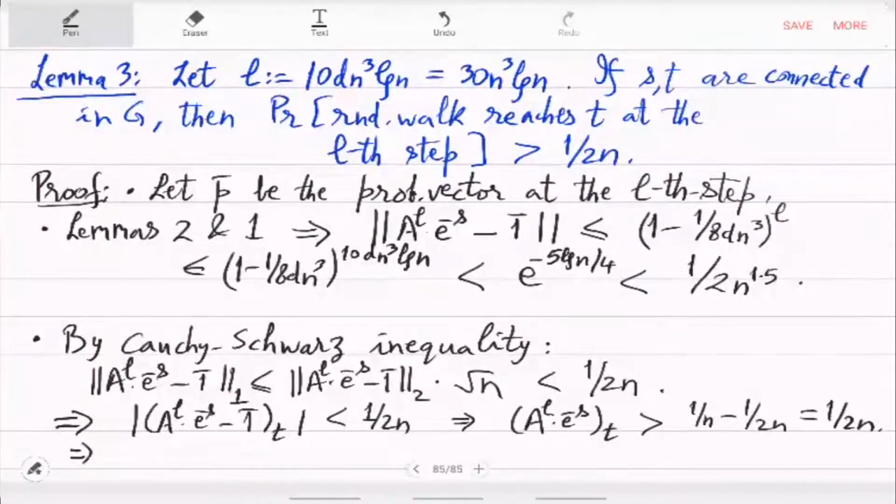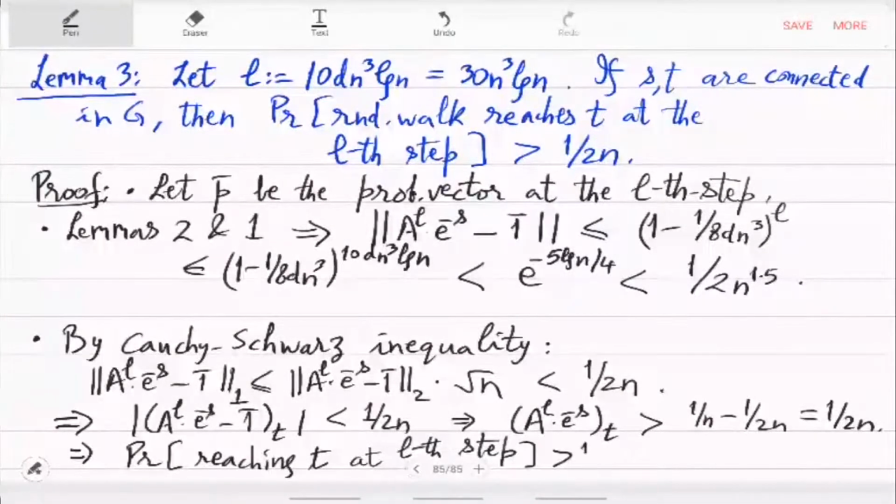Right. So this means that the probability of reaching t at L steps is greater than 1 over 2n, as promised in the lemma statement. So this is just a simple application of what we have already shown.